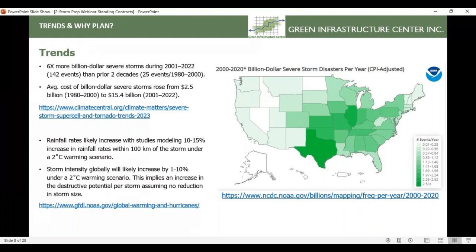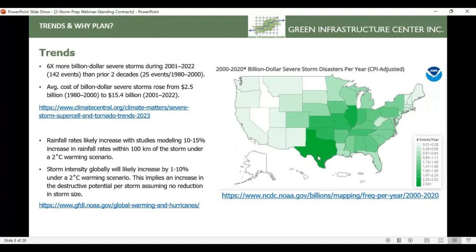And you can see in this map here, this is data that is hosted by NOAA, the National Oceanic Atmospheric Administration. They have combined all of these statistics for the entire US by different disaster categories. And so they also have the data displayed in maps where you can see where the hardest hit regions are for severe storms in the US, and where those billion-dollar storms are really happening.